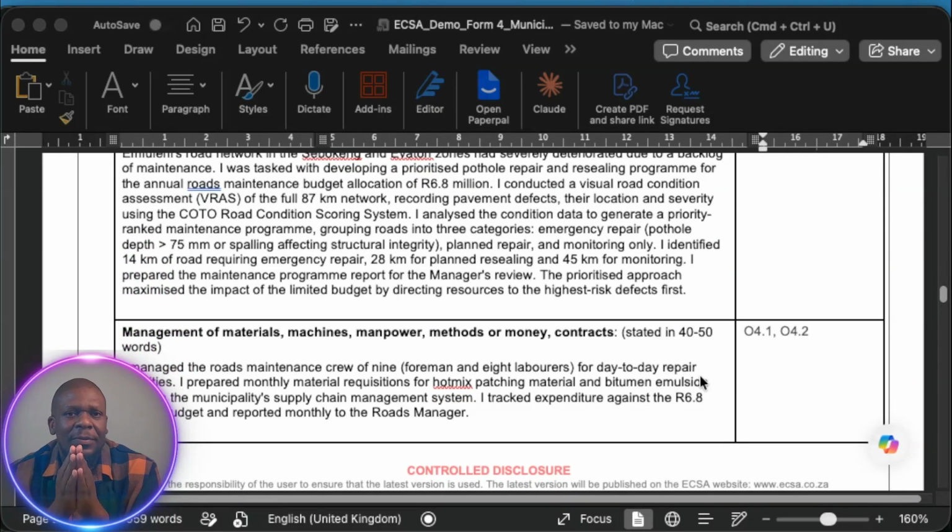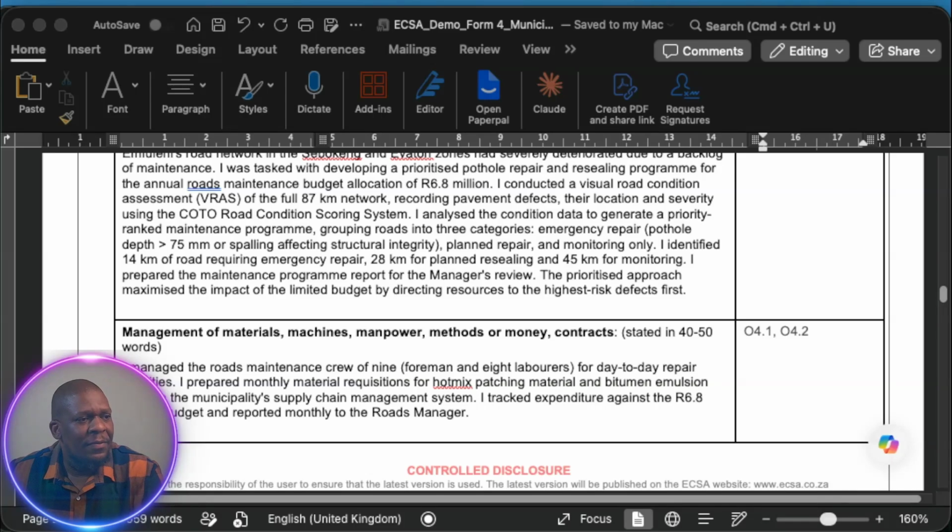Management of material, machines, manpower, and money, which is budgets and contracts, depending on the contracts that you are looking at.